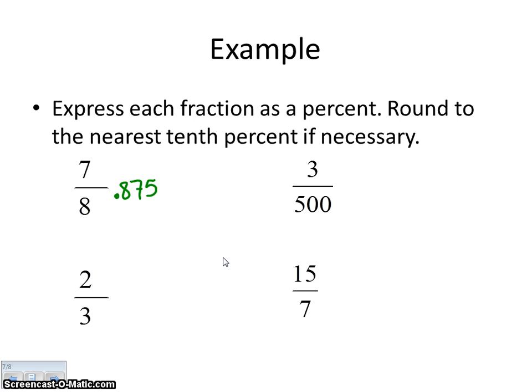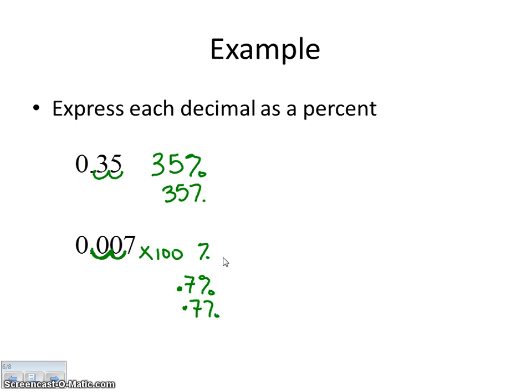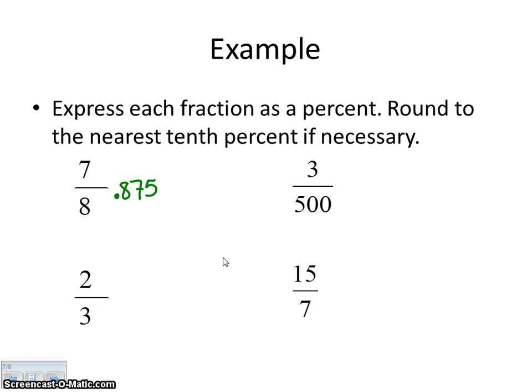Now, when you do this, you write your decimal first, then we're going to write it as a percent, just like we did here. So what I'm going to do is I'm going to move the decimal 2 places, and this is going to be 87.5%. Also, you could multiply this by 100 and add the percent sign.